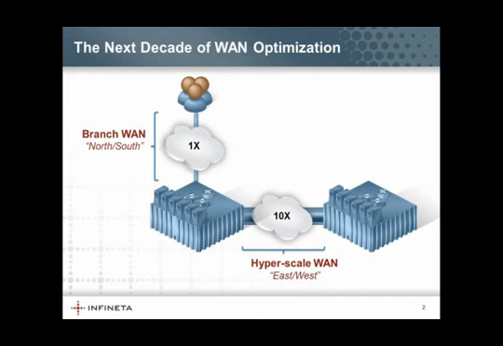So definitely the scale at which bandwidth, in terms of gigabits per second, is used up between data centers versus for the branches is markedly different. We here at Infineta only focus on the hyperscale WAN problem. All our energies are focused on solving this pervasive yet unaddressed problem set.